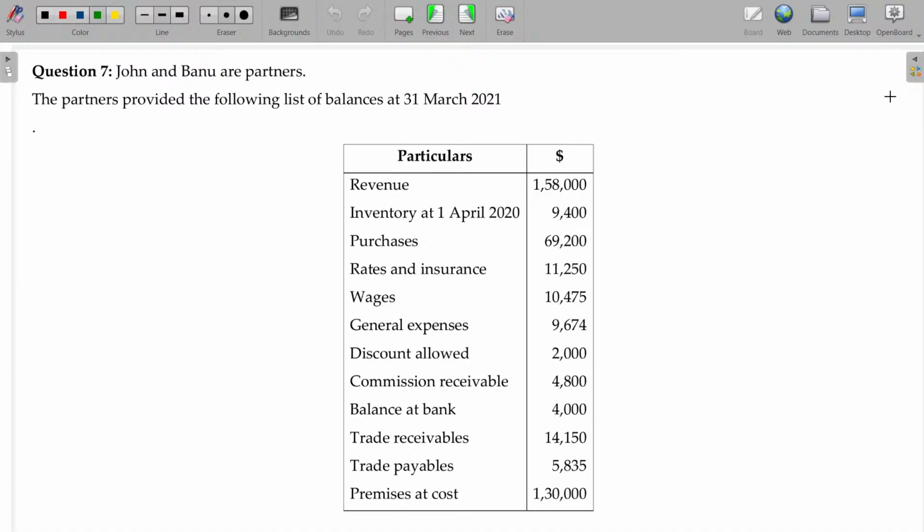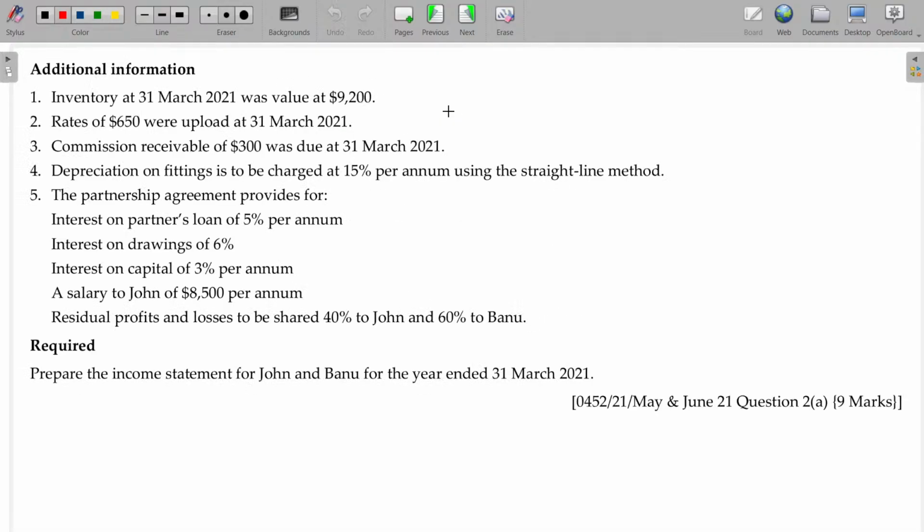Now let's try this question. John and Bonu are partners. Sixth question. The partners provided the following list of balances at 31st March 2021, and you are required to prepare the complete income statement in this illustration. Later you have to go for appropriations. It's a comprehensive illustration.